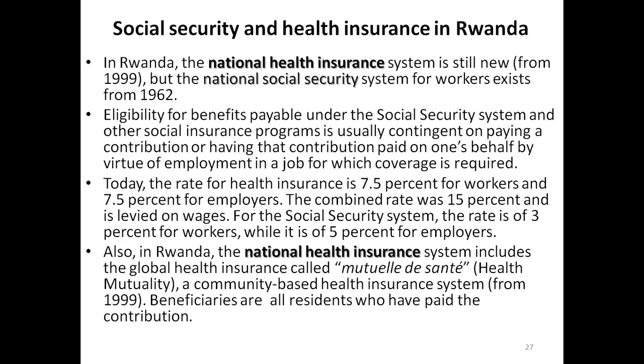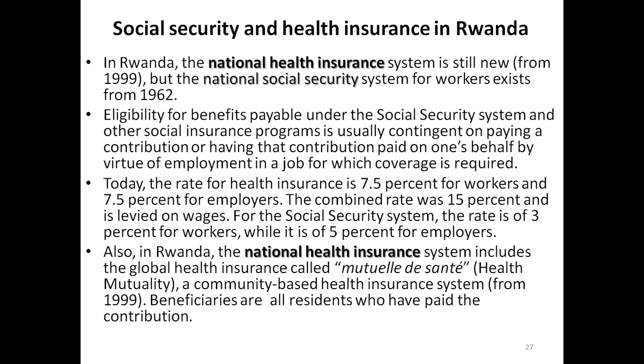The Social Security and Health Insurance in Rwanda. In Rwanda, the National Health Insurance System is still new, from 1999, but the National Social Security System for workers exists from 1962.